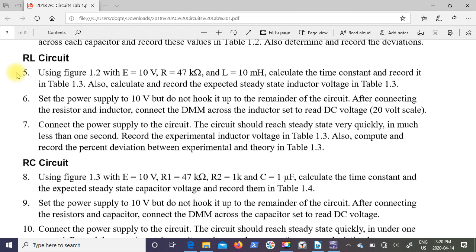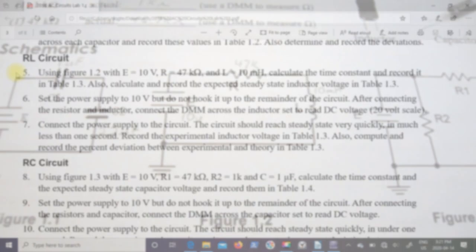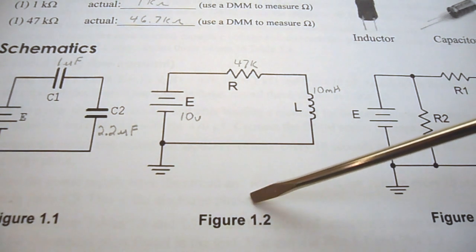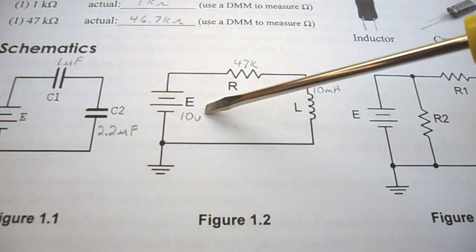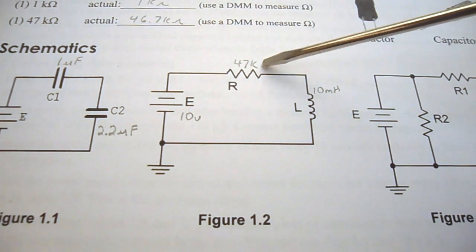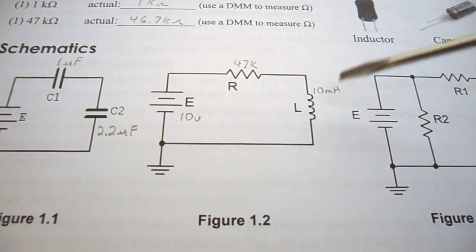So using your assigned measured values, we're to calculate the time constant and record it in table 1.3. We're also to calculate and record the expected steady state inductor voltage in table 1.3. So this is figure 1.2. We're going to be using 10 volts, a 47 kilohm resistor, and a 10 millihenry inductor.